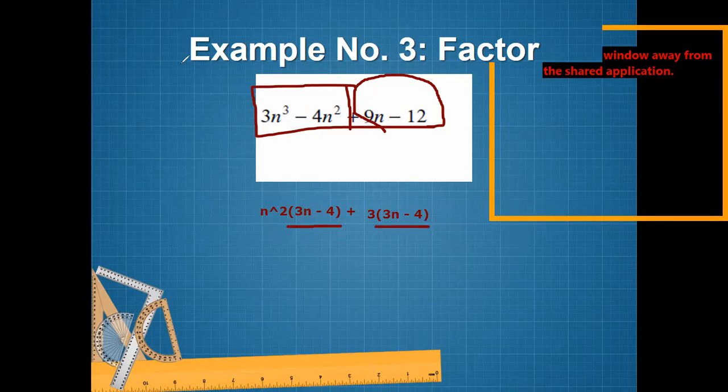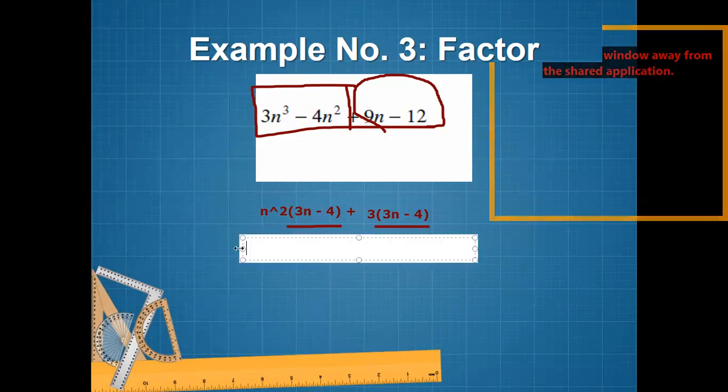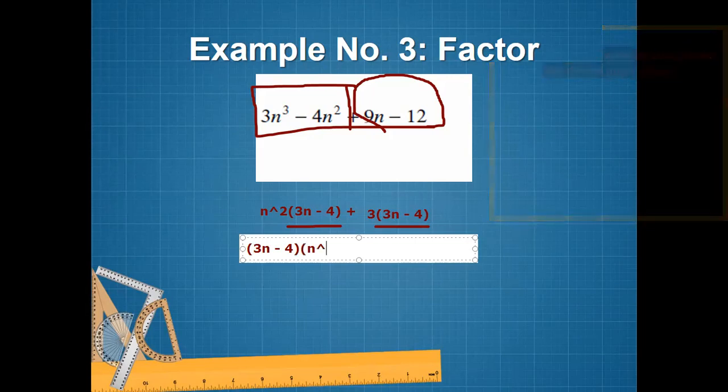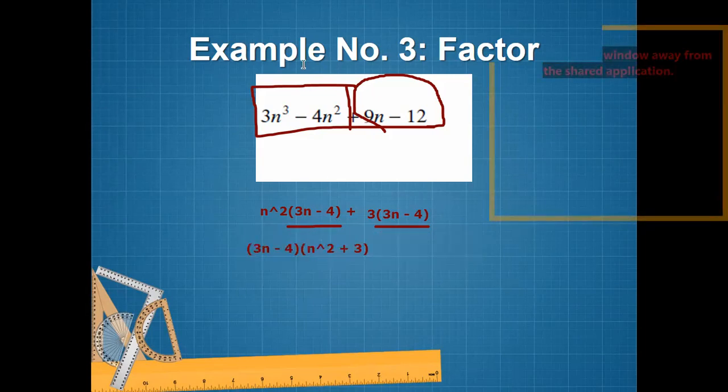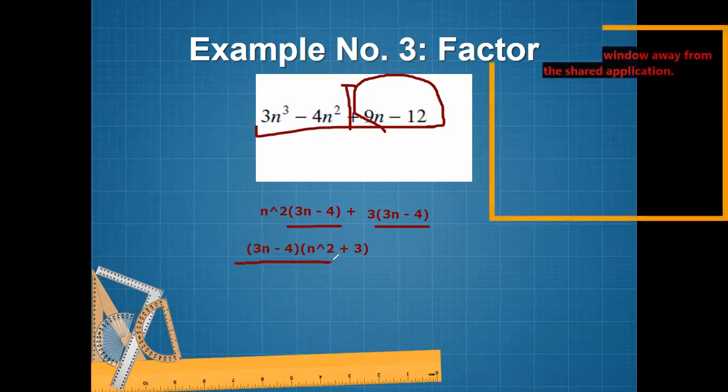So we're going to factor out 3n minus 4, multiplied by n squared plus 3. The answer for this problem is 3n minus 4 multiplied by n squared plus 3.